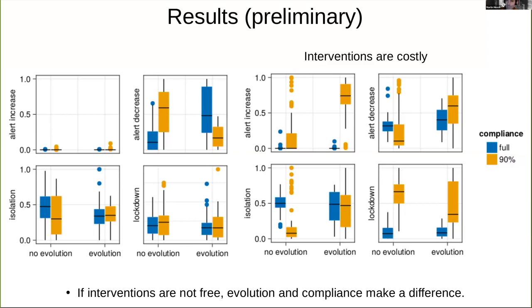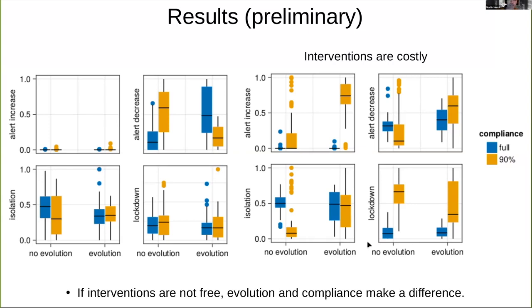And as soon as we introduce that, the picture changes again relatively strongly. So now all of a sudden we get interactions between evolution and no evolution. We get effects of compliance again, and in general the picture becomes much more complicated.